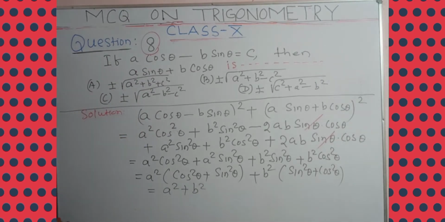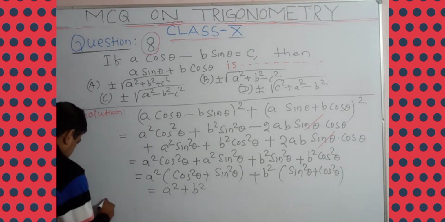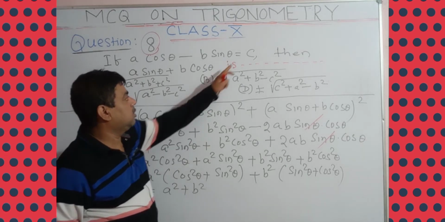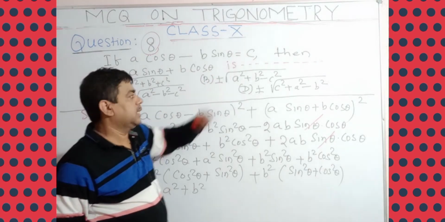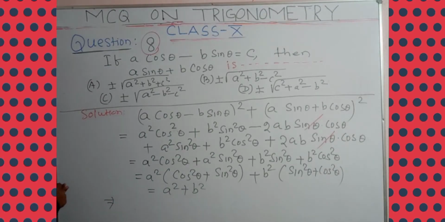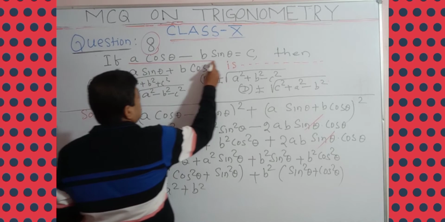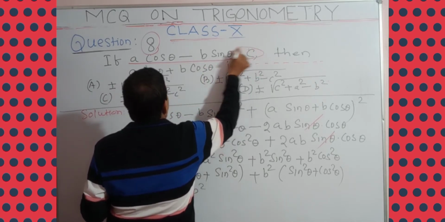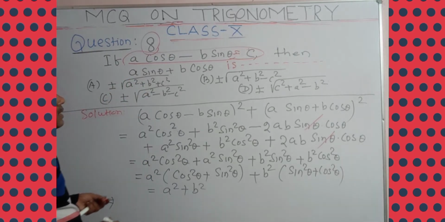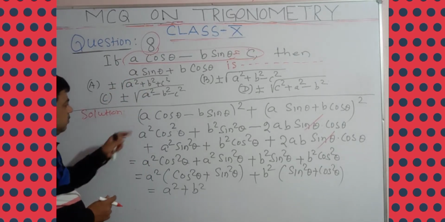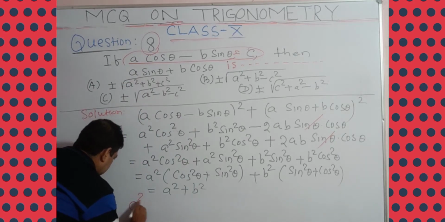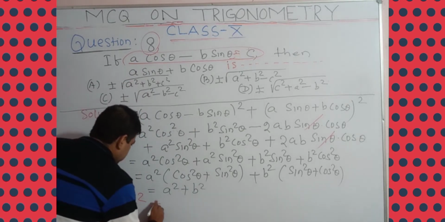Okay, understand? So you see now, look here, a cos theta minus b sin theta, the value we have already taken as c. Yes or no? Yes. So a cos theta minus b sin theta is c. So in place of a cos theta minus b sin theta, we can write c square plus.